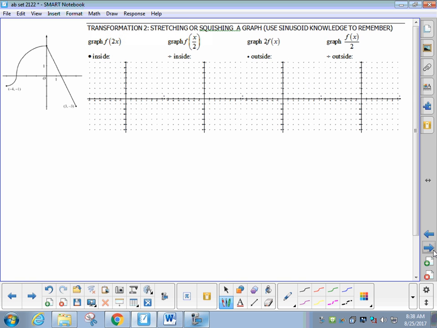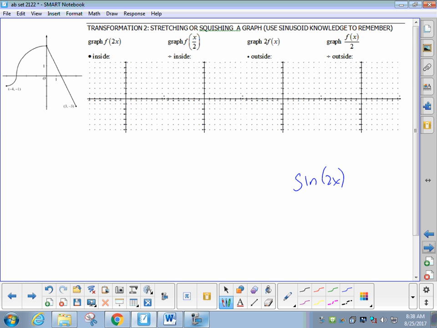Let's move on. When you multiply or divide by a factor, you stretch the graph or squish the graph, depending on where it is and what kind of number is here. It helps me to think sinusoids when I do this. You're probably pretty good with sinusoids, so if you think of what this does, you say, oh, I know that changes the period to pi instead of 2 pi.